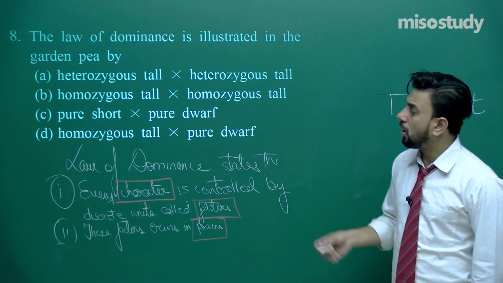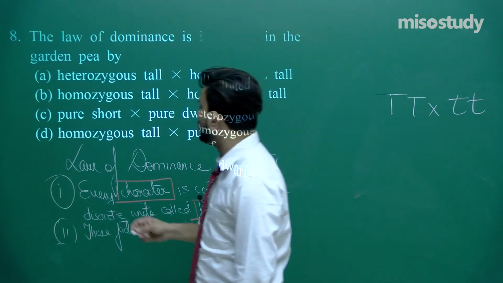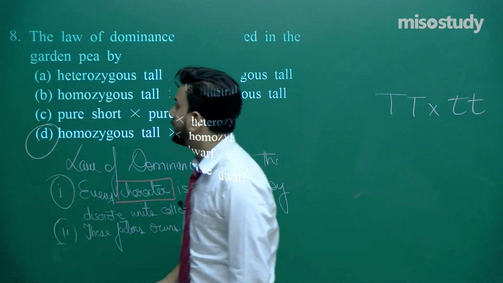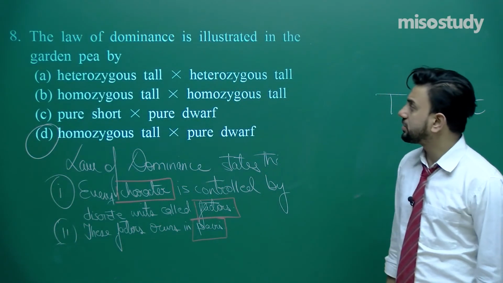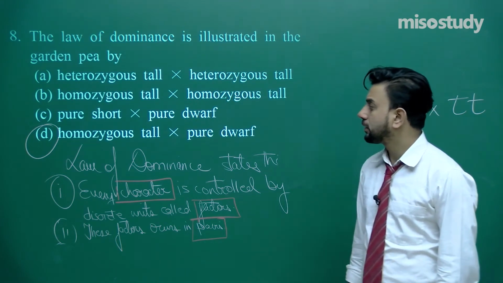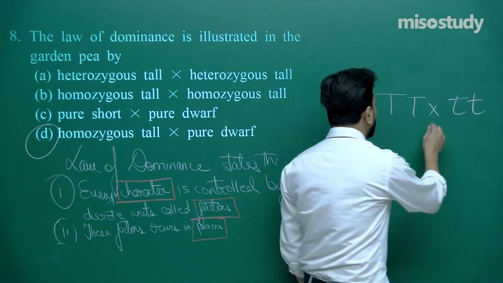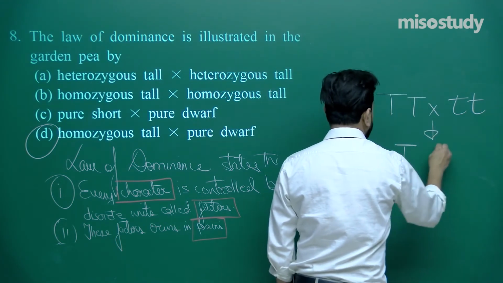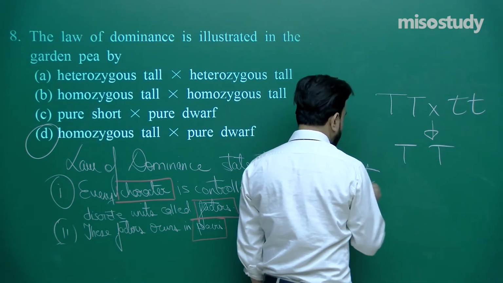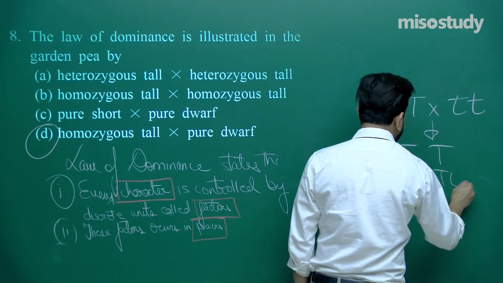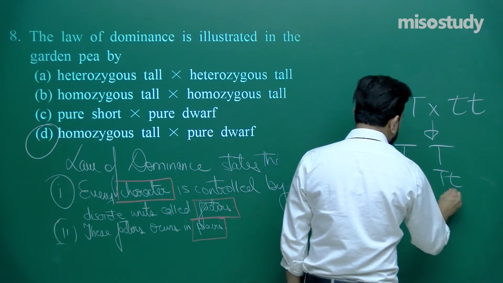The law of dominance. So the answer would be D, that is, the homozygous tall into pure dwarf. If you cross this, what do we see? We'll get capital T, small t, capital T, small t, capital T, small t, capital T, small t.